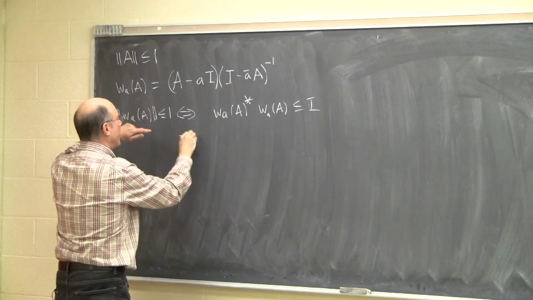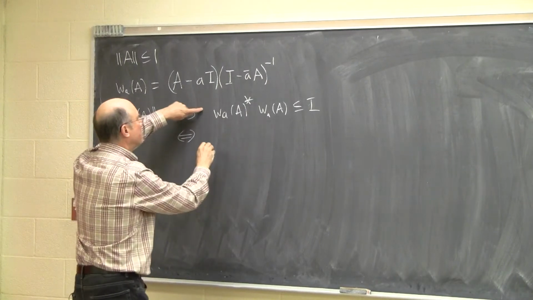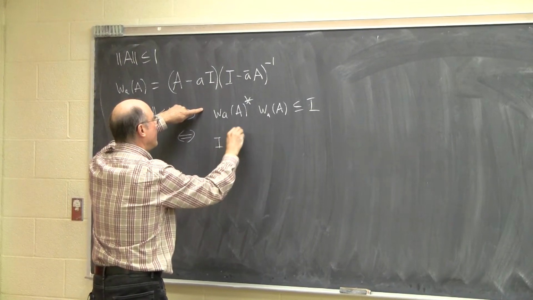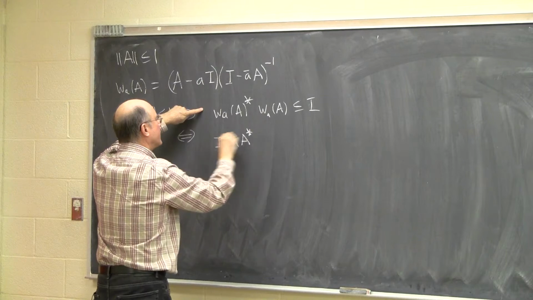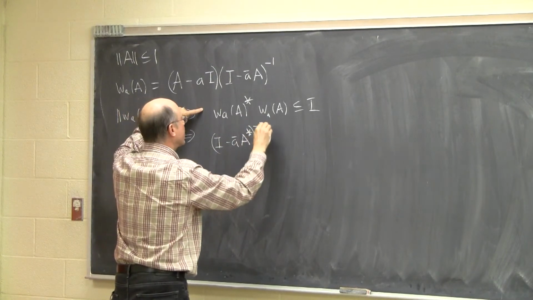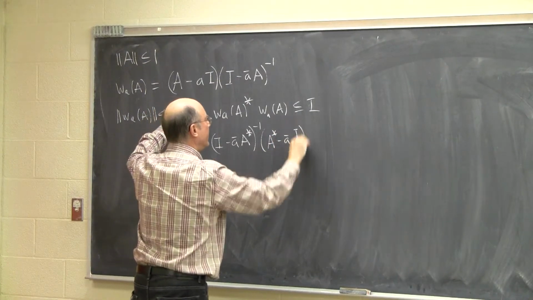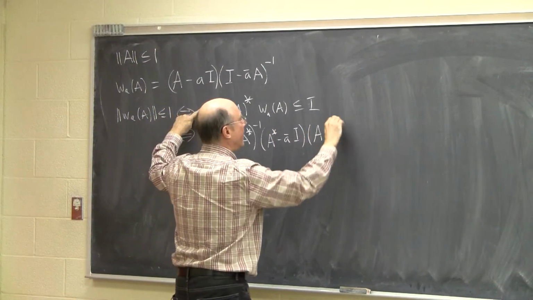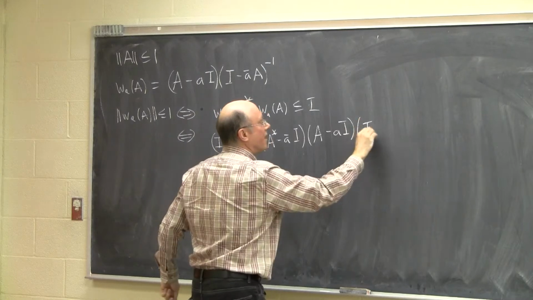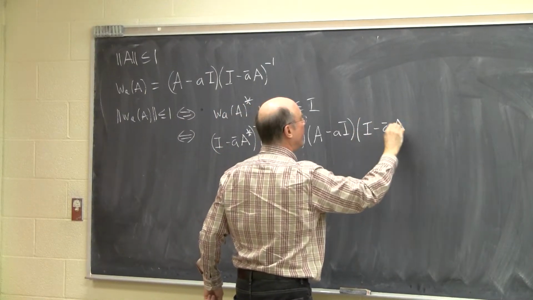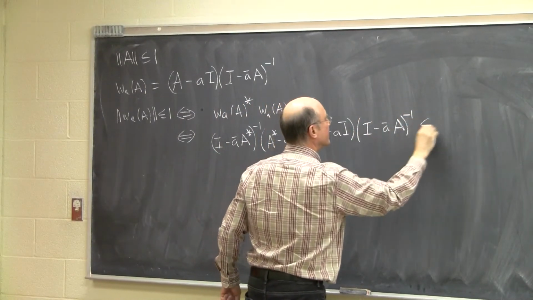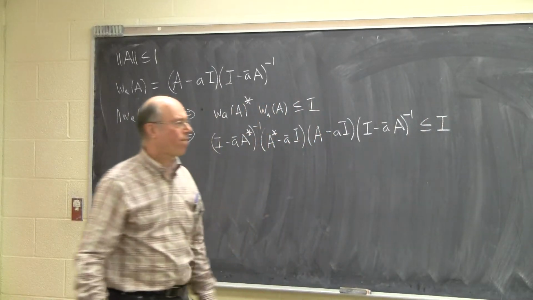So we just multiply this out. So this is if and only if (I minus a bar A) star inverse times (A star minus a bar identity) times (A minus a identity) times (I minus a bar A) inverse is less than or equal to the identity.